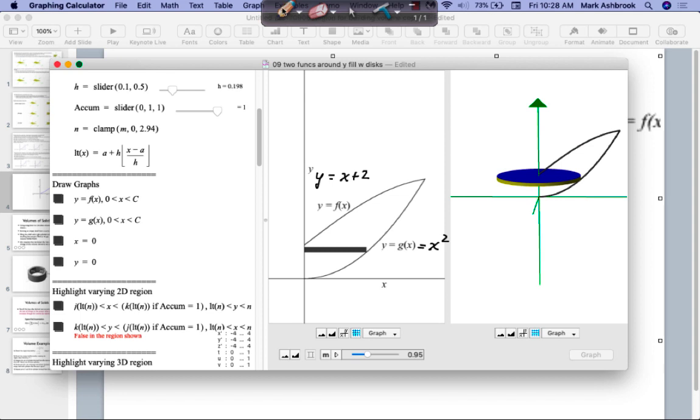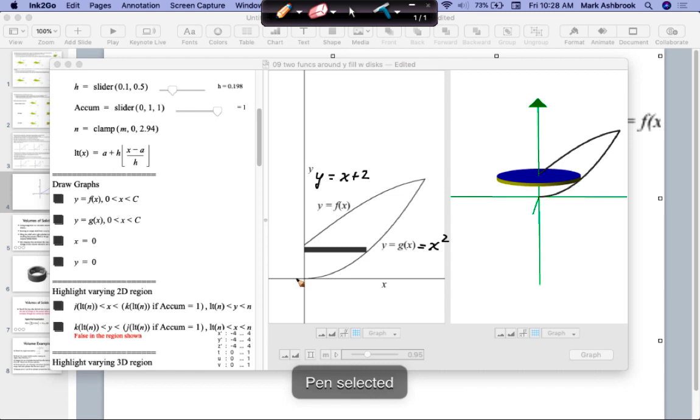Y from 0 to, f of x is x plus 2, so this is y equals 2 here. So as y goes from 0 to 2, we're going to have pancakes.